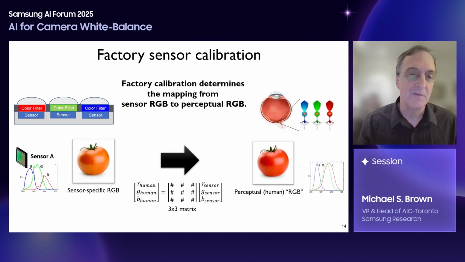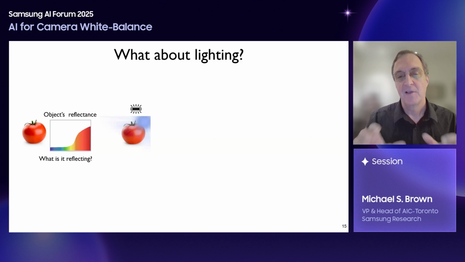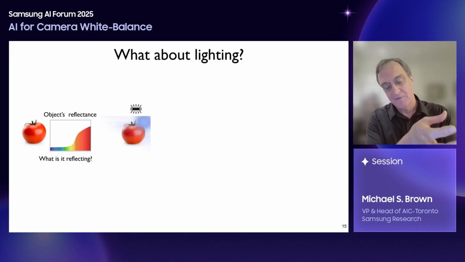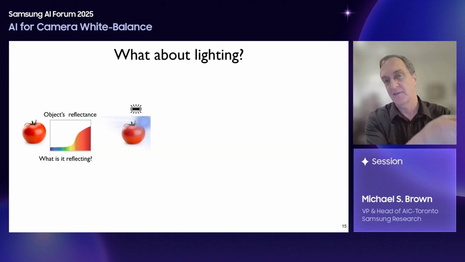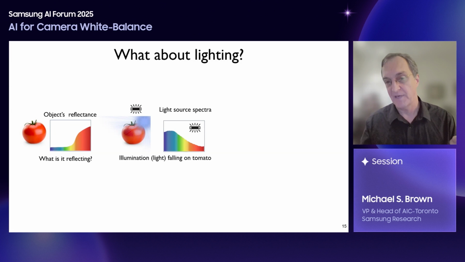But we haven't really seen the whole story, because what is this reflecting? Here I say, well, the tomato is reflecting light like this, but what about the light? What you're really doing is you're looking at the tomato under some illumination, let's say sunlight or indoor light. And that illumination has its own spectra.